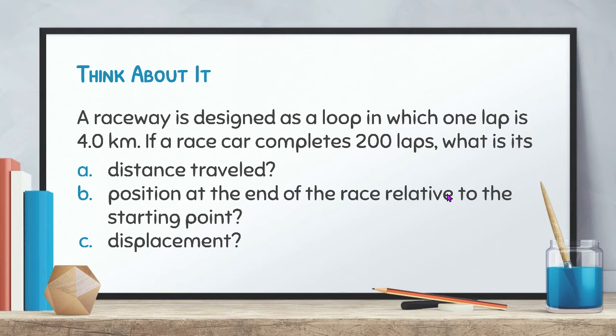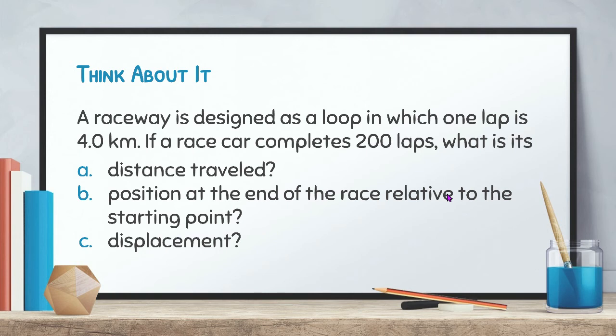So we have a raceway. All right, and this raceway is designed as a loop, which is basically like an elongated circle, right? One lap is 4 kilometers. So if a race car competes 200 laps, what is the distance traveled? So each lap is 4 kilometers.